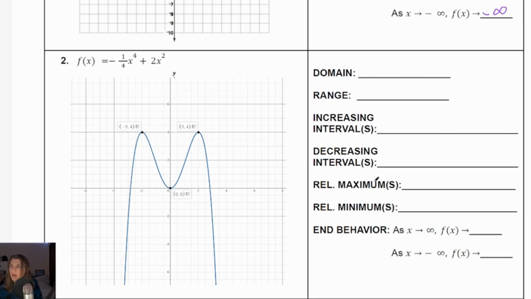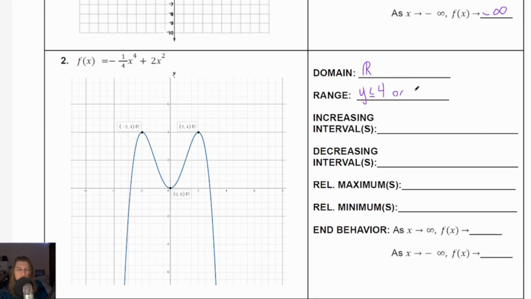So with this one, our domain, our x is going to the left forever, and it's going to the right forever. So our domain is all real numbers. But with our range, you can see that it goes no higher than y equals 4. So the way we're going to write that is y is less than or equal to 4.